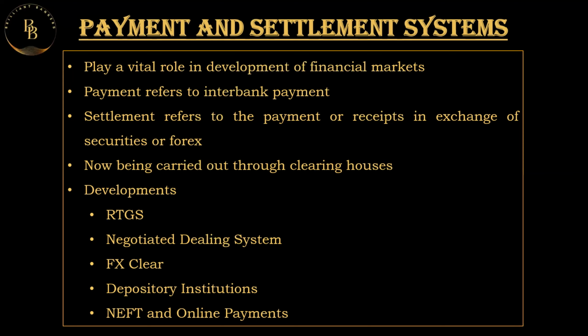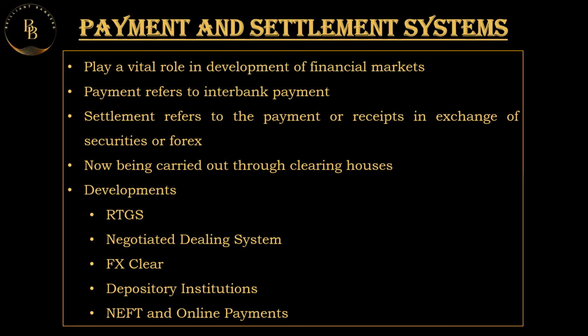The developments in the sector are initially with the RTGS, the real time gross settlement. An RTGS is an electronic fund transfer system that enables real time one to one fund transfer between banks on a gross basis. It ensures that the transactions are settled individually without bundling or netting with any other transactions.